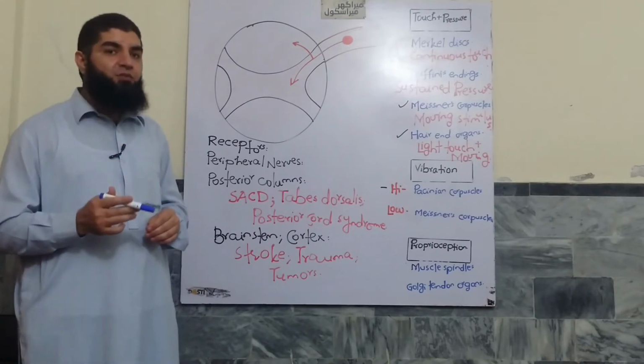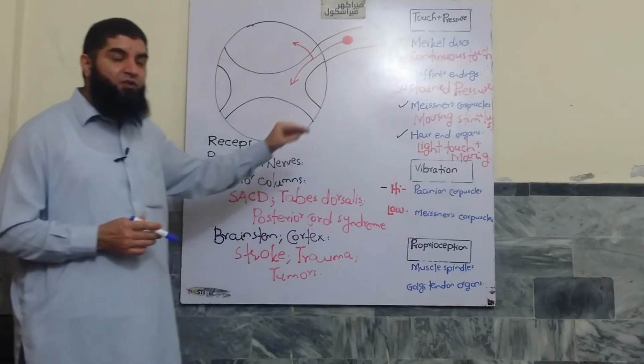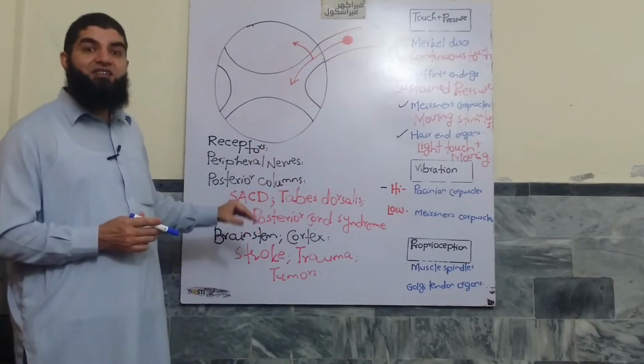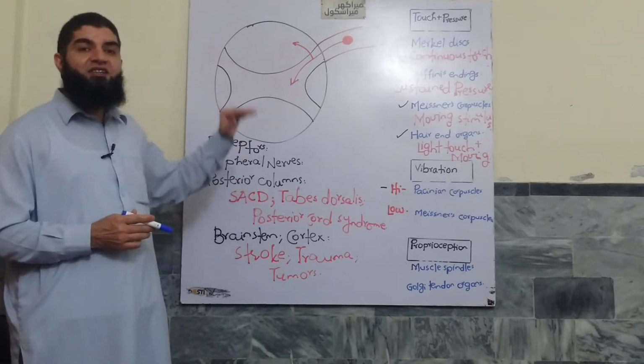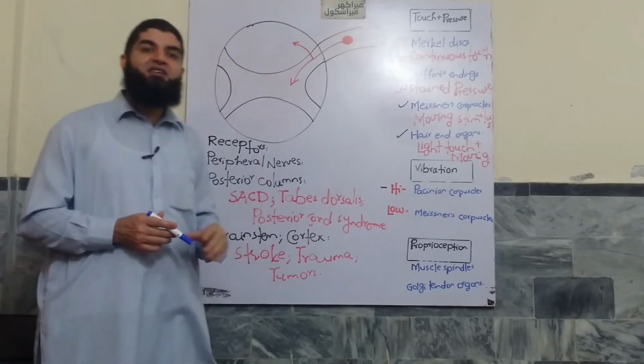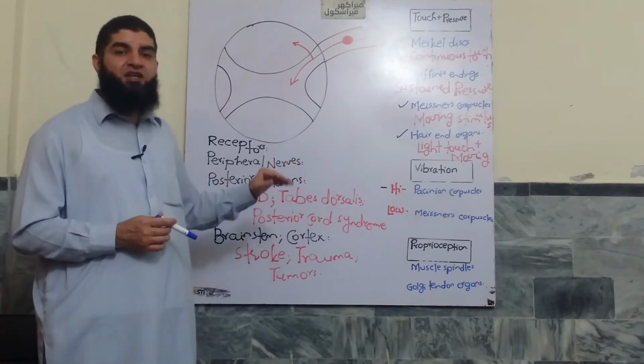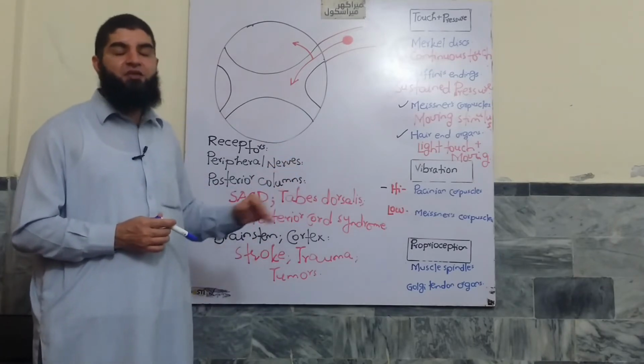Any problem with the receptors, with the peripheral nerves connecting the receptors with the spinal cord, the spinal cord itself, or the cerebral cortex may cause impairment of this system. The whole system may collapse owing to failure of any one of its components.